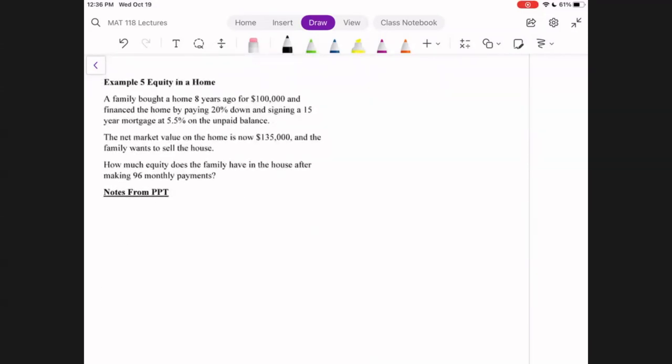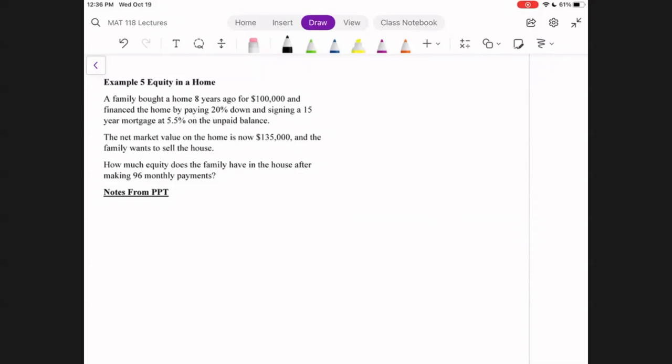So equity on a home. Okay. So let's say you bought a home 8 years ago for $100,000 and financed the home paying 20% down and signing a 15-year mortgage at 5.5% on the unpaid balance. The net market value of your home is now $135,000, and the family wants to sell the house.